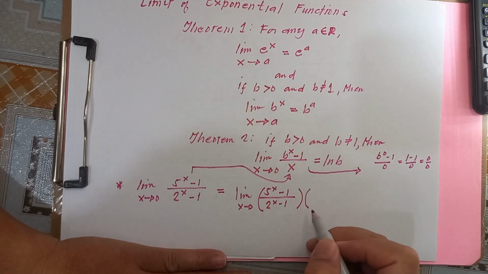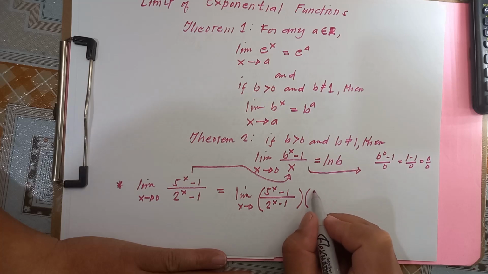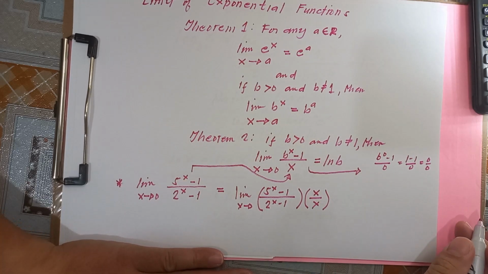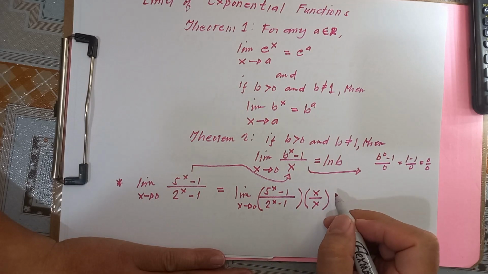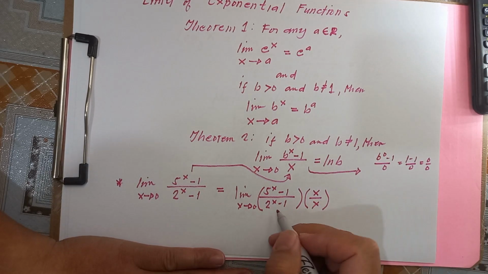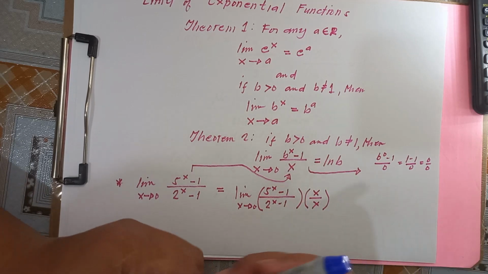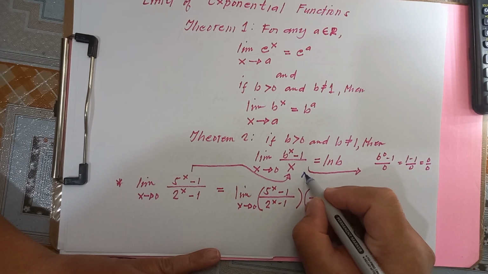But that 1 must be defined, so 1 is defined by x over x. So x over x is the same as 1. With that, we can now create this form.